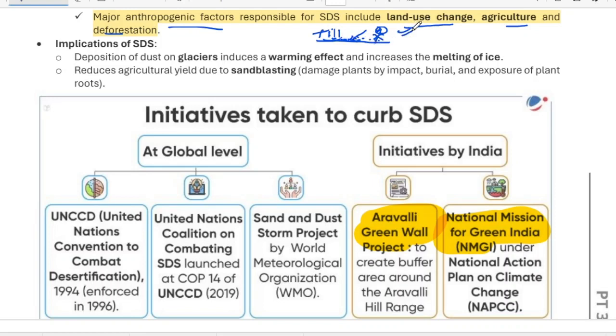This also causes sand or dust storms. Land use change, like if we clear the forest area, is a land use change. And mining is also a change of the land area. So all these factors contribute to dust storms.